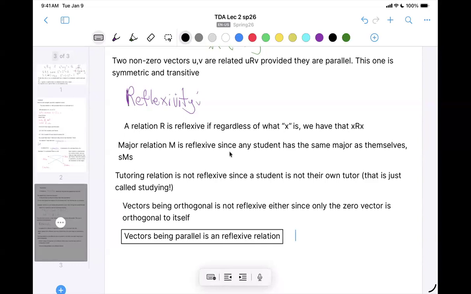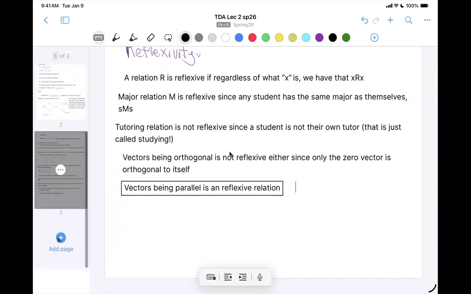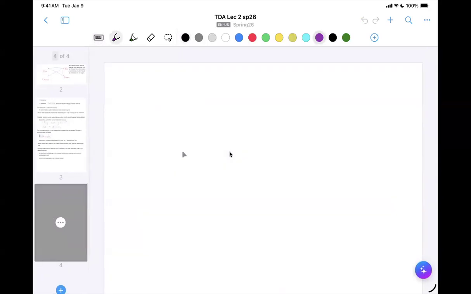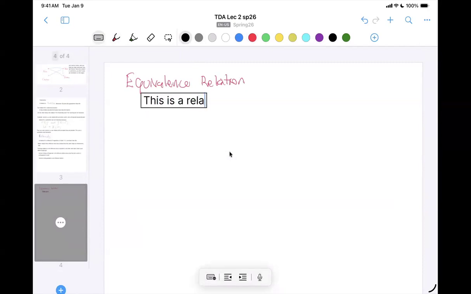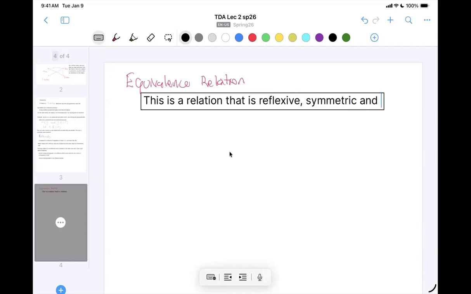So an equivalence relation is just a relation that, let me write it down. Maybe next page. I'll show you why that's useful because it creates a partition, and I'll tell you what that means in a moment. So this is a relation where all three conditions need to be satisfied: reflexive, symmetric, and transitive.